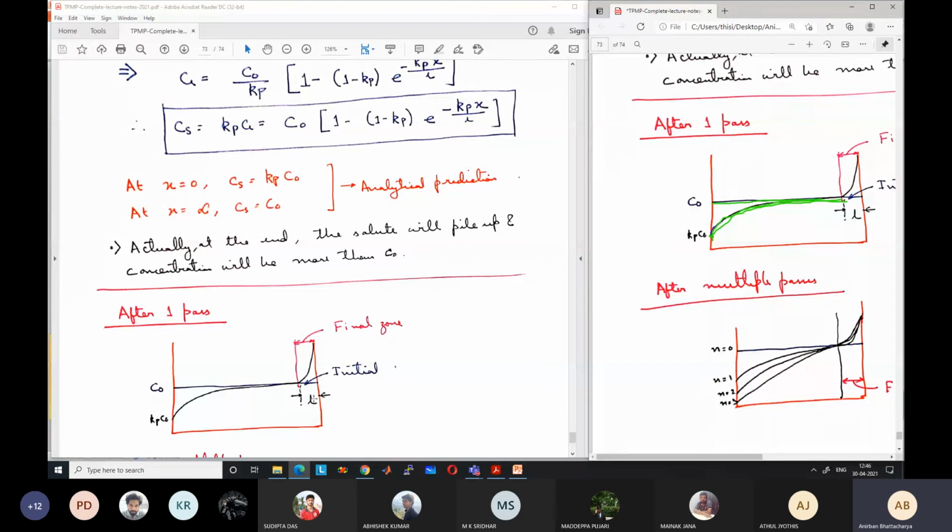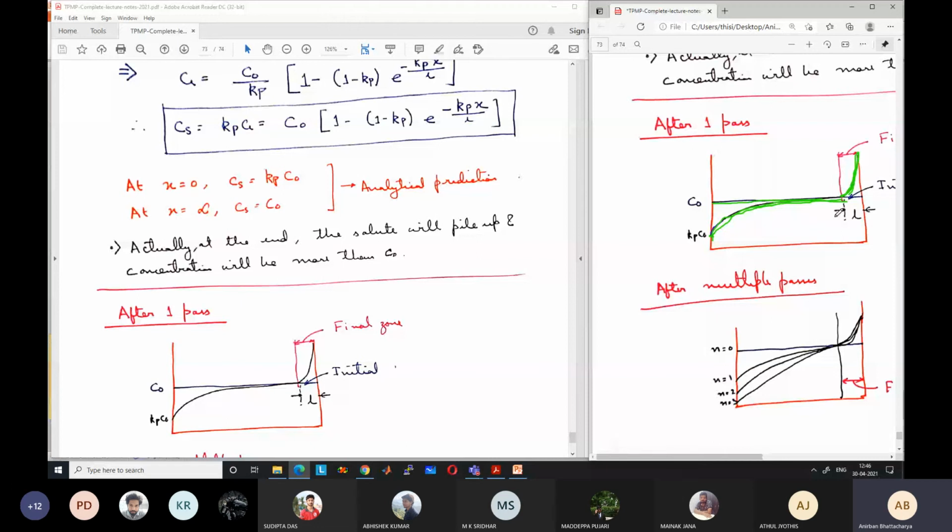So the solute will pile up and the final part will have increasing solute concentration. This part cannot be given by this equation. So this equation is valid when we are at a region which is more than L length from the end. Once you come within L distance from the end, you will have this final transient which the equation cannot capture. So this is after one pass.